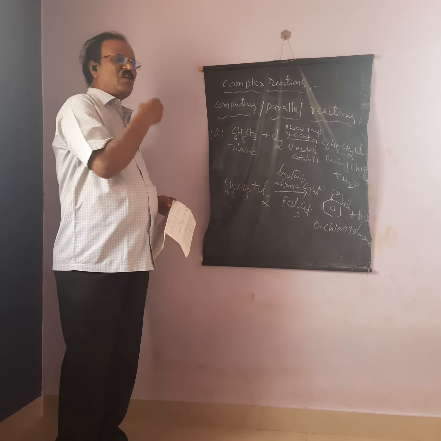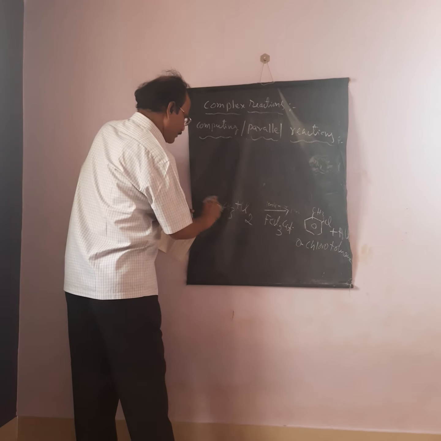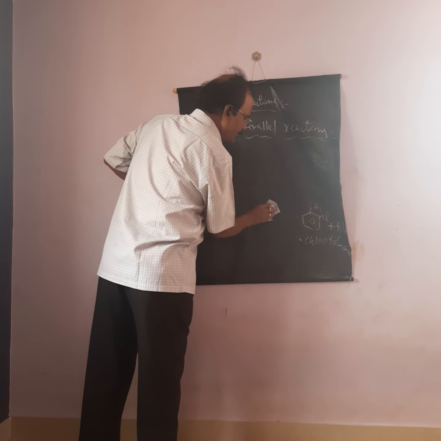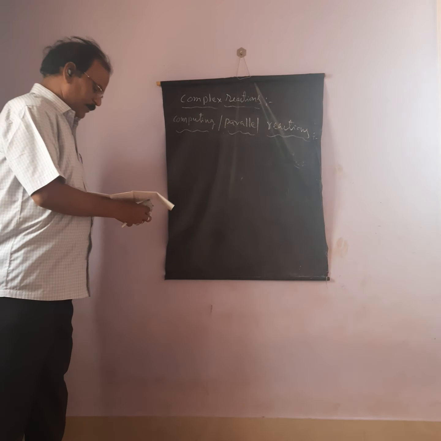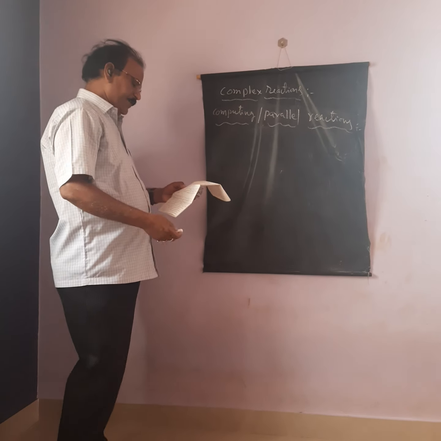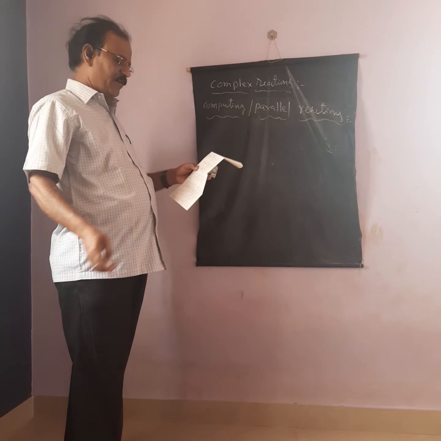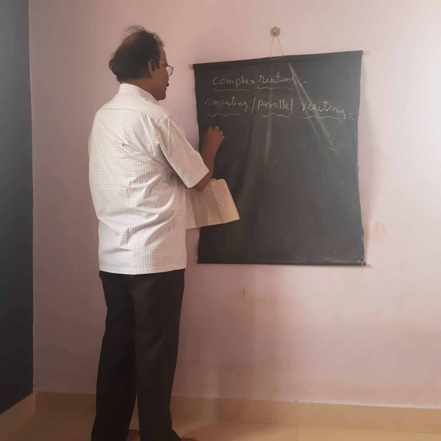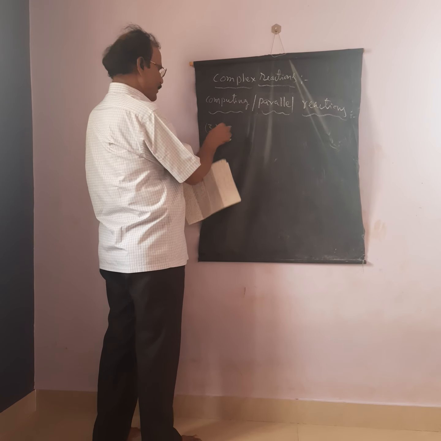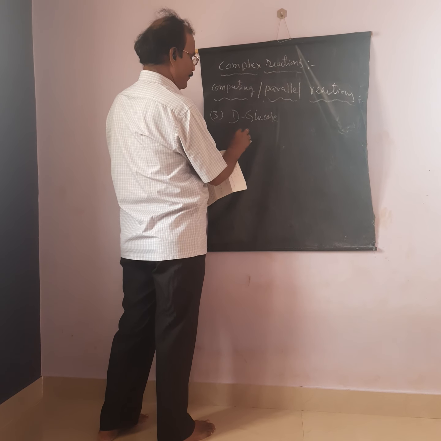The last example, the third example, is the conversion of D-glucose in the aldehyde form into alpha D-glucose and beta D-glucose.